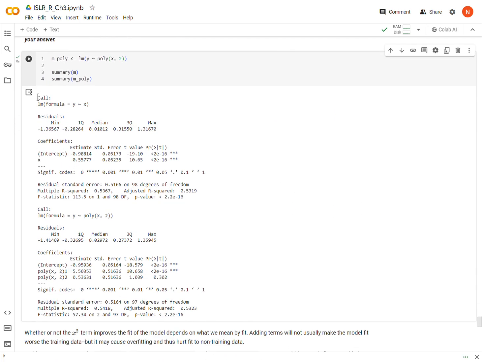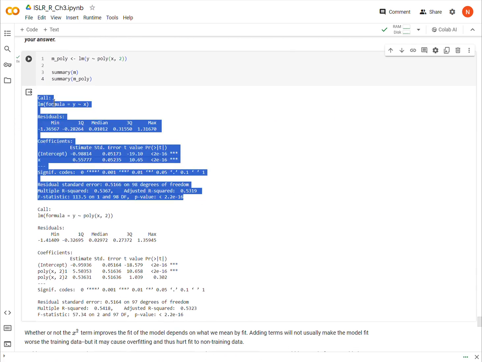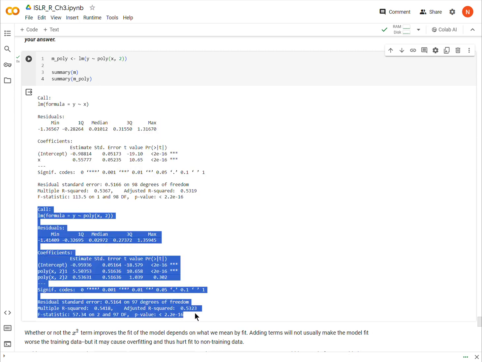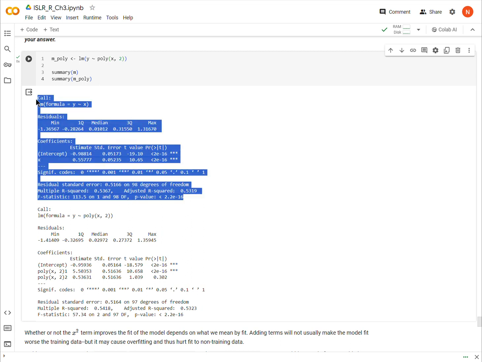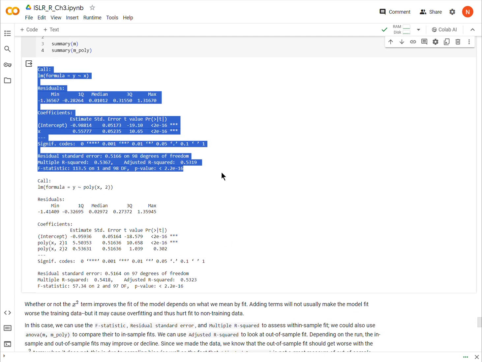And so just to demarcate this for your eyes, this is for the first model and this is for the polynomial model here. Okay. And we want to know, is there any evidence that adding the polynomial term improved the fit? Well, in general, whether or not it improves the fit depends on whether we're talking about the in-sample fit or the out-of-sample fit, the training data fit or the test data fit, okay?